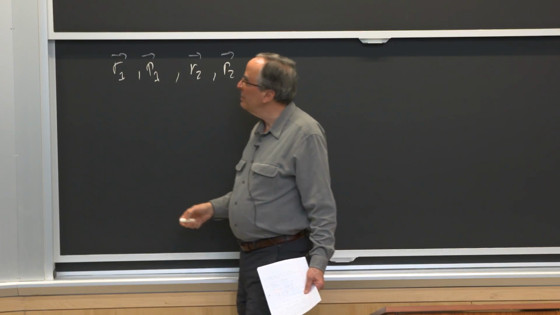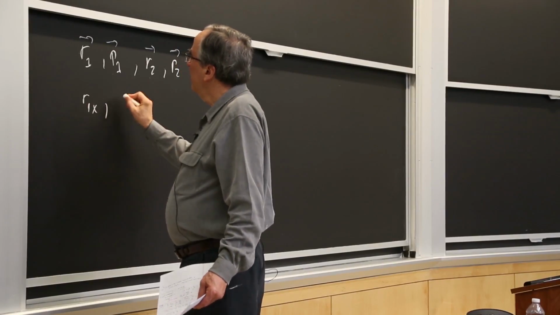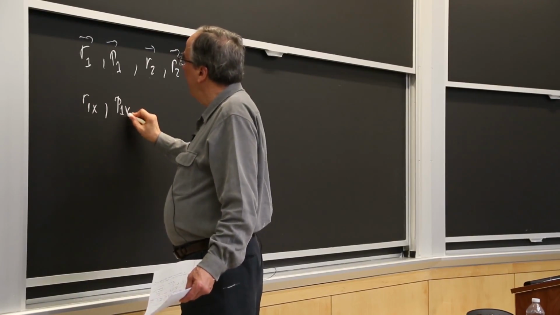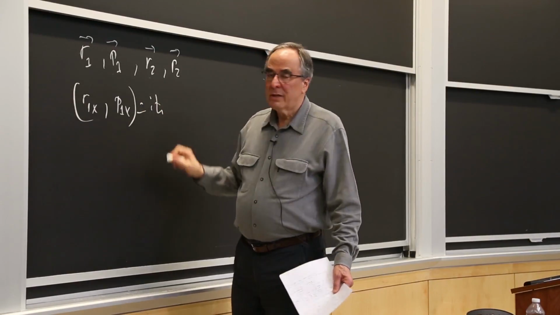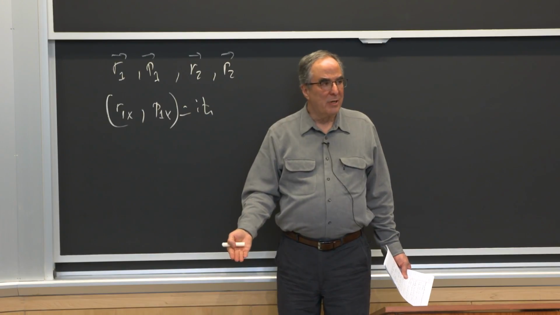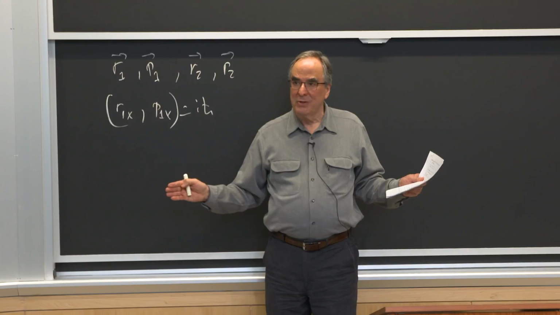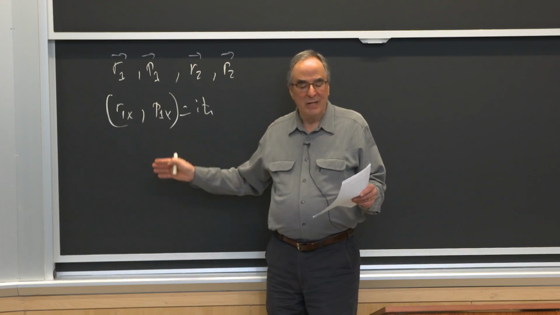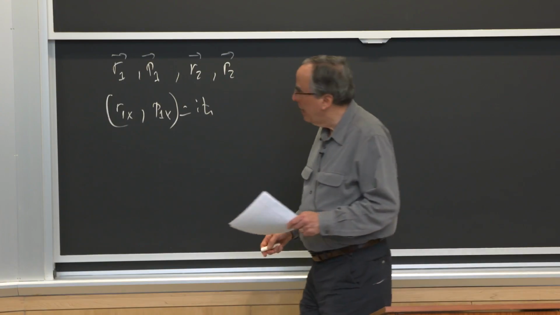The only thing that doesn't commute is R1x, P1x, those kinds of things. And their commutator is i h bar, and that means there's some problems. So most of the variables are commuting variables, but some are not, and you have to deal with that. Okay.